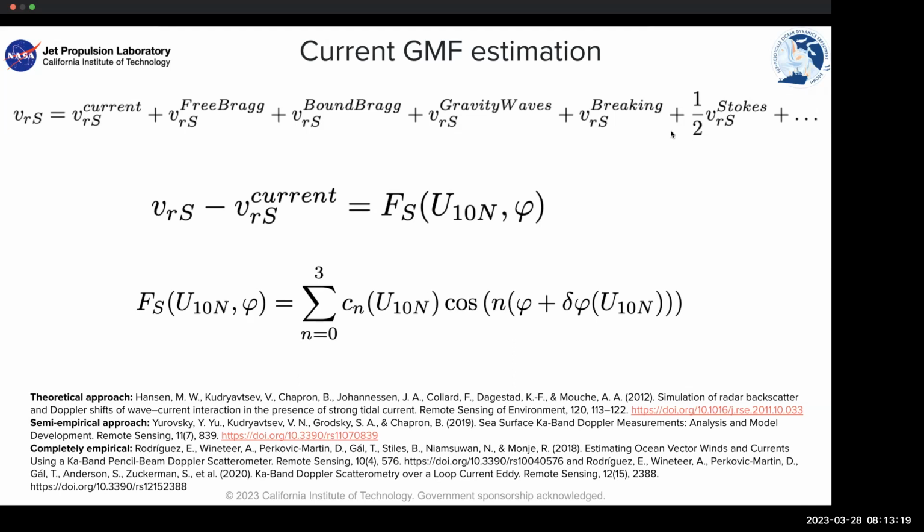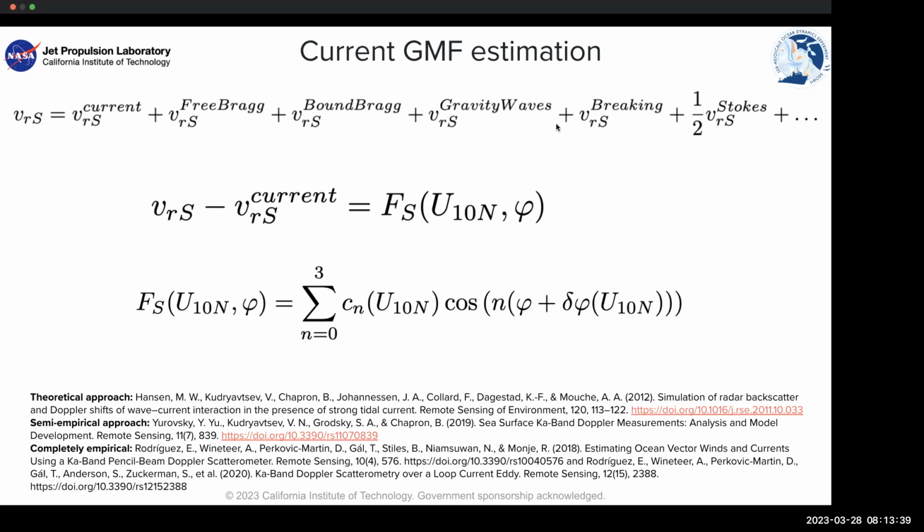So, I and others in the community have tried to come up with models like this. And I hope that we'll hear later on from the group at Ifremer that are working on a model like this. But it's a very complicated model, and there are things that are still uncertain.